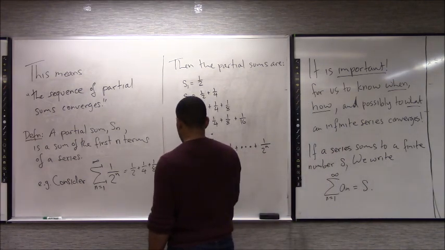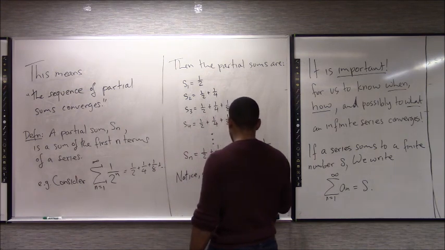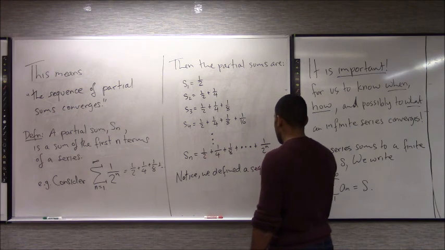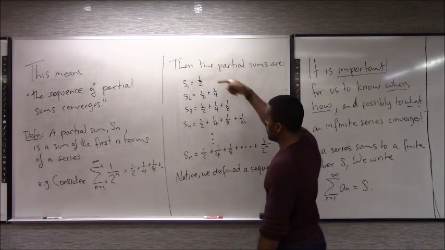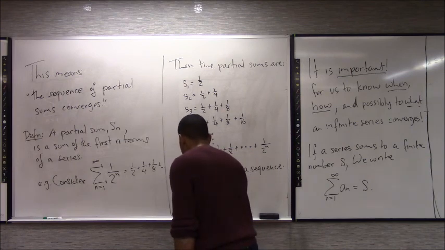I want you to notice we defined a sequence here. I can pretty much use a sequence to track these outputs. So there's a list of numbers that I now care about.